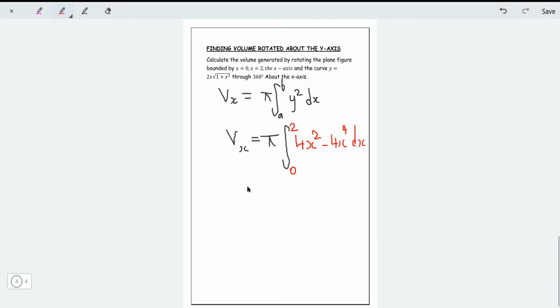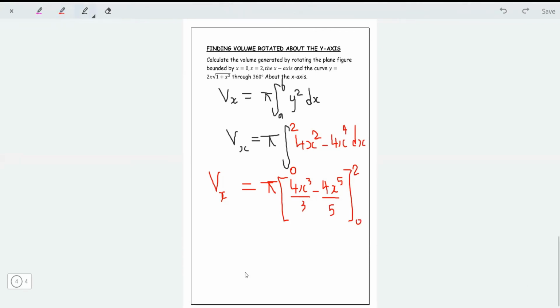Well, let's integrate it now. Integrating it, you add 1 to the power to get 4x cubed over 3 plus 4x to the 5 over 5. And you're integrating from 0 to 2.